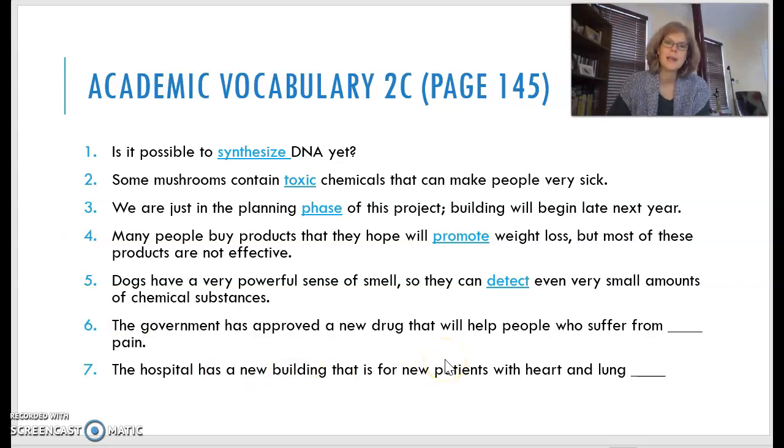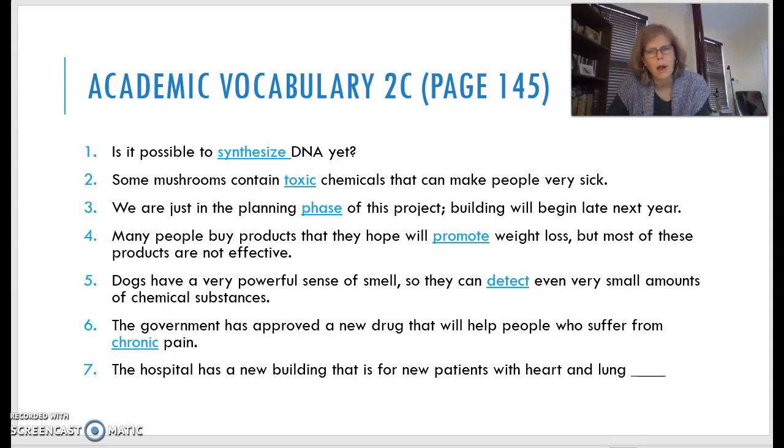Moving on to number 6, I see that I have the expression people who suffer from something pain. Pain is a noun here, and I'm going to describe that pain with an adjective. So which adjective would you use to describe pain, a kind of pain?